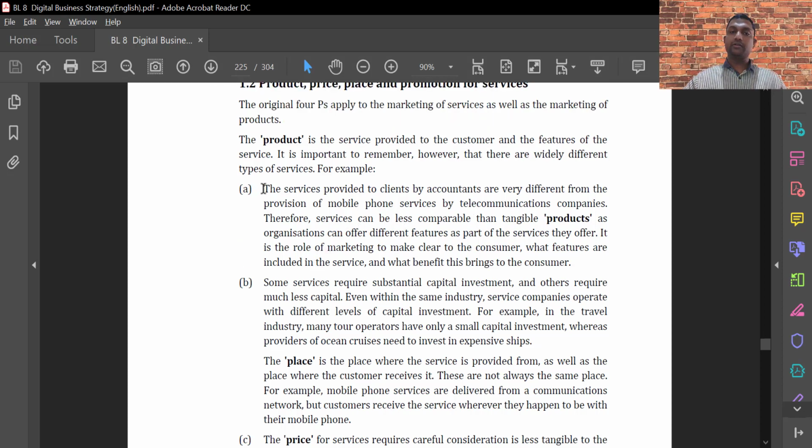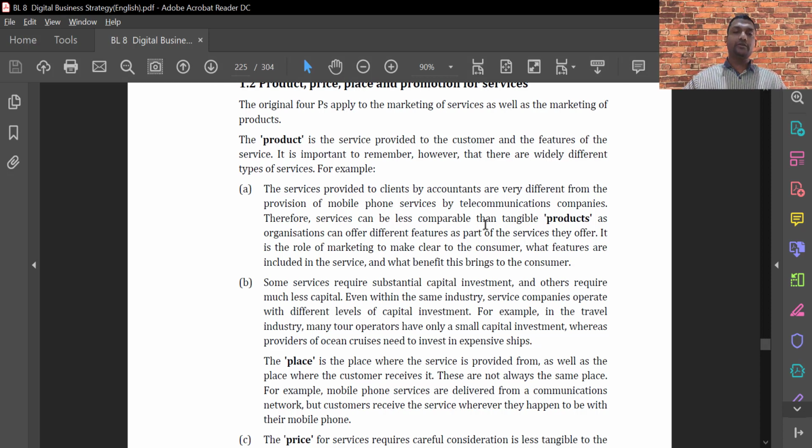For example, the services provided to clients by accountants are very different from the provision of mobile phone services by telecommunication companies. So both are services, but by nature the type of service can be different from situation to situation. So therefore services can be less comparable.